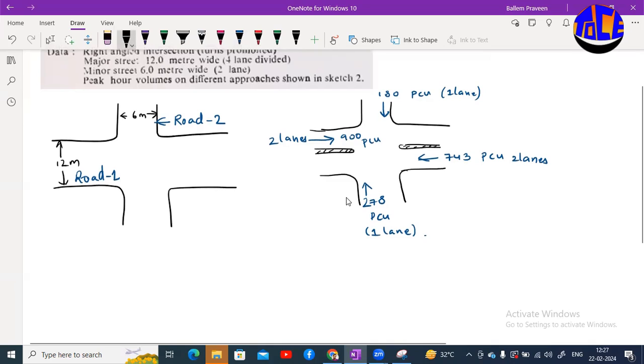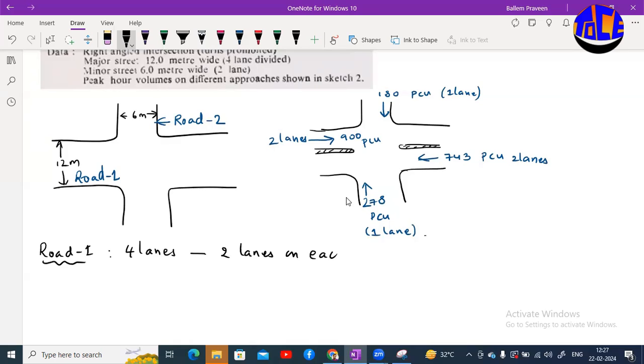Firstly for road 1. Road 1 is of 4 lanes, that means 2 lanes on each direction. Here we are going to take the maximum traffic from both directions. For the major road, on one direction you have 900, and on the other direction you have 743. So 900 is the maximum, so we are going to take 900.